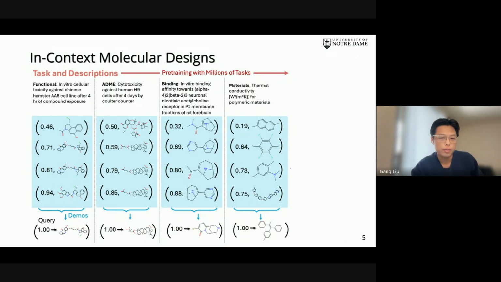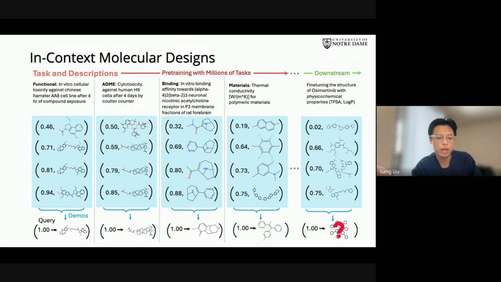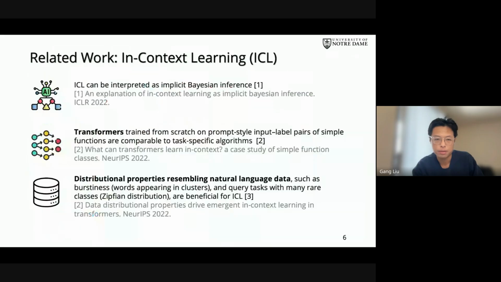After pre-training, we expect the model can quickly adapt to any new tasks that it has maybe never seen before. This task, for example, in this figure is customized by the scientist and is fine-tuned from some existing drugs. So given the context, we can design the structure by learning from the context.